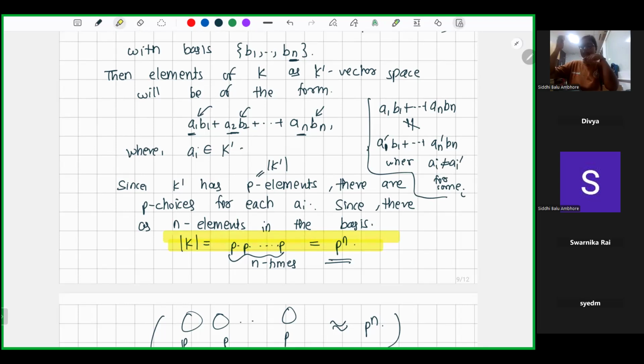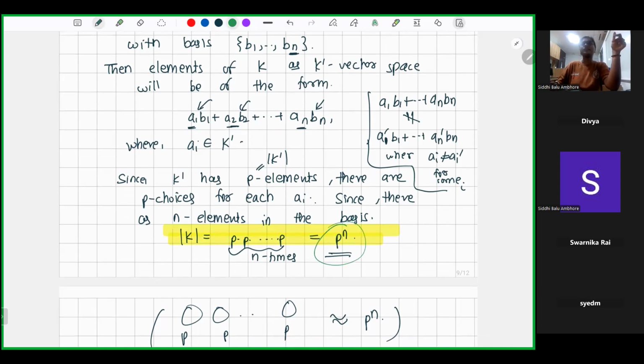Every element is uniquely expressed as a linear combination with respect to the given basis, and that's why I could directly say that just because ai has p possibilities and there are n of them, there must be p power n elements, because no two combinations of ai would give me the same element. That's how I could conclude this.